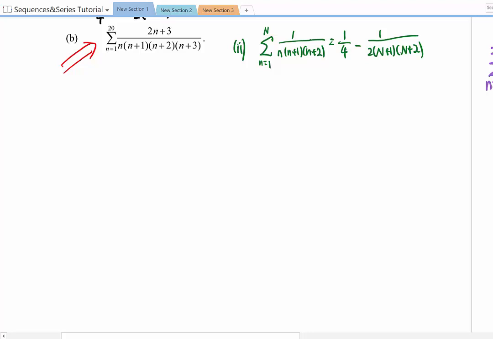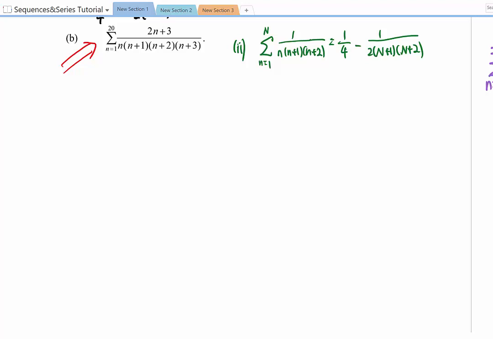What do we notice is that the numerator looks more complicated, and more importantly, the denominator now consists of 4 consecutive factors. All right, whereas all along we have been working with 3 consecutive factors.